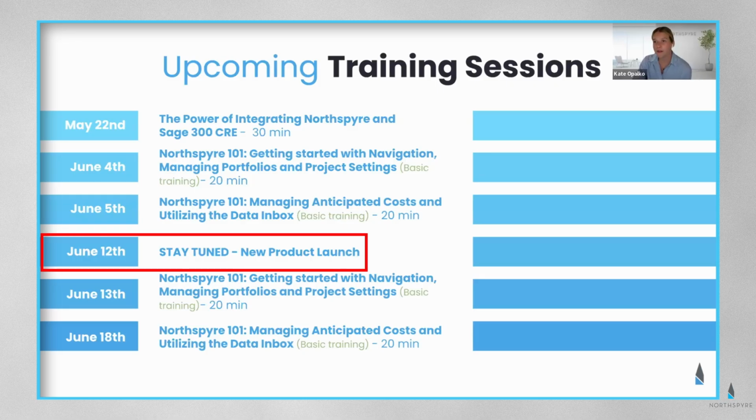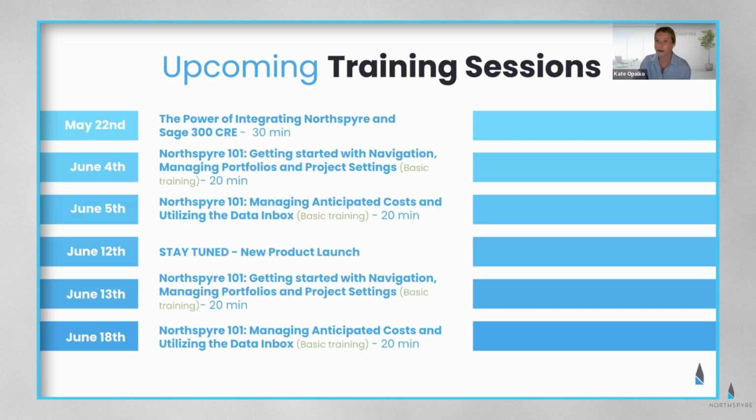On June 12th, save that date, we are going to be launching our Q2 update. It has a lot to do with our portfolio analytical suite, as well as complex capital stack. So whether you're in LIHTC or just have a lot of lenders to work with, we've got some solutions coming right out. Following that will be a recourse of Northspire 101 with myself, with the same sessions as this week.